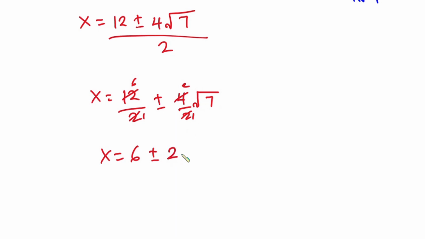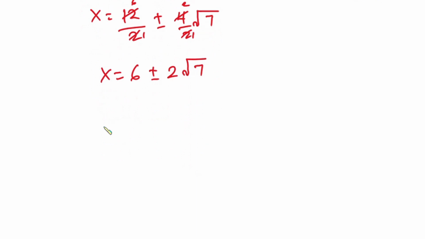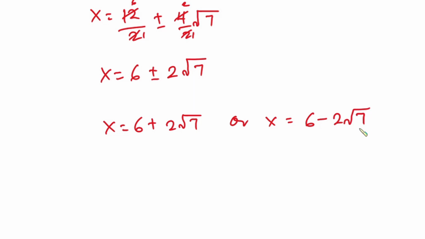So we have 2 root 7. So this implies that x is equal to 6 plus 2 root 7, or x is equal to 6 minus 2 root 7. And this is our final answer.